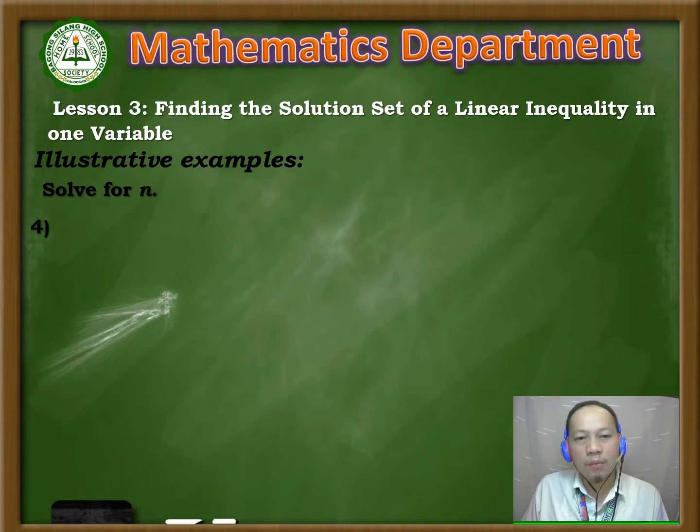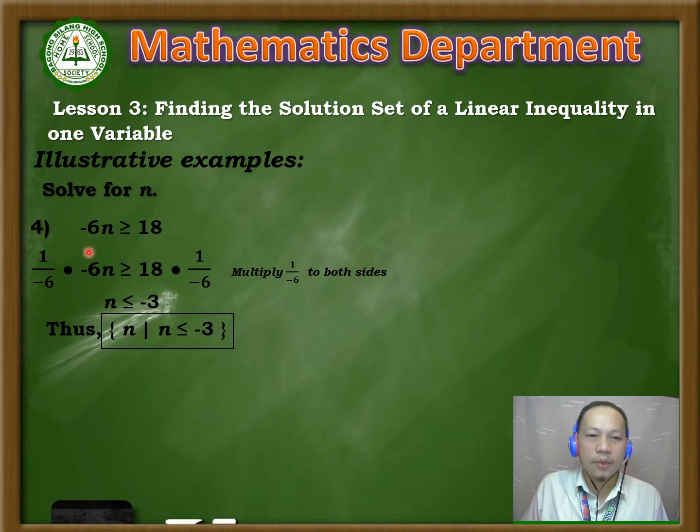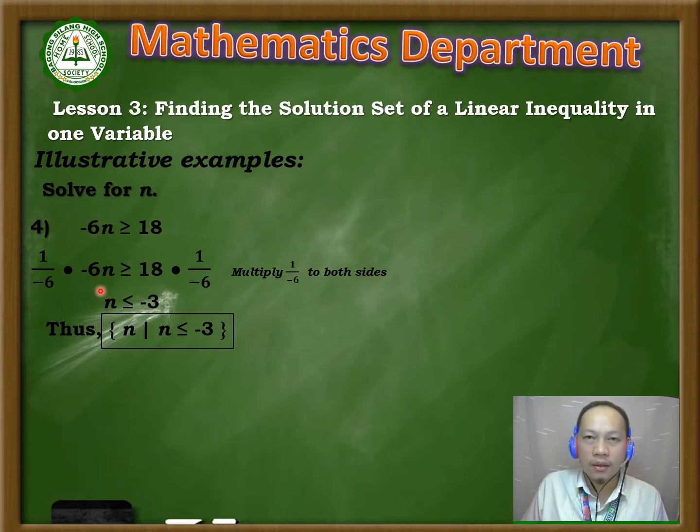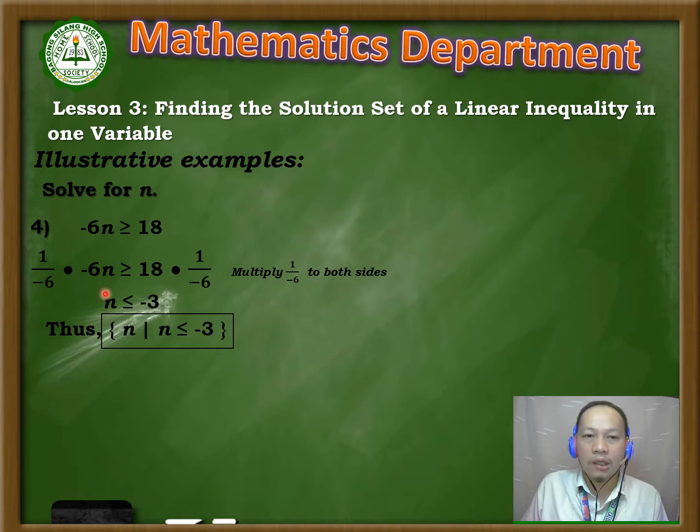Let's have number 4. Negative 6n is greater than or equal to 18. Negative 6n, its numerical coefficient is negative 6. And therefore, what will be its multiplicative inverse? Its multiplicative inverse is 1 over negative 6, or you can have negative 1 over 6.